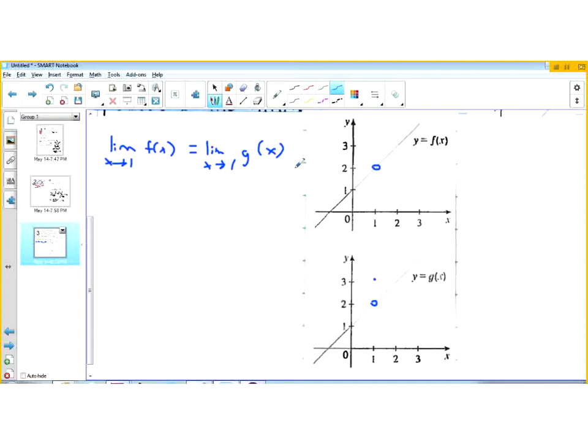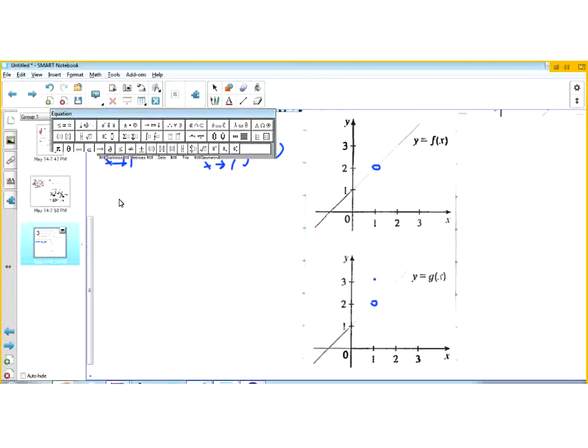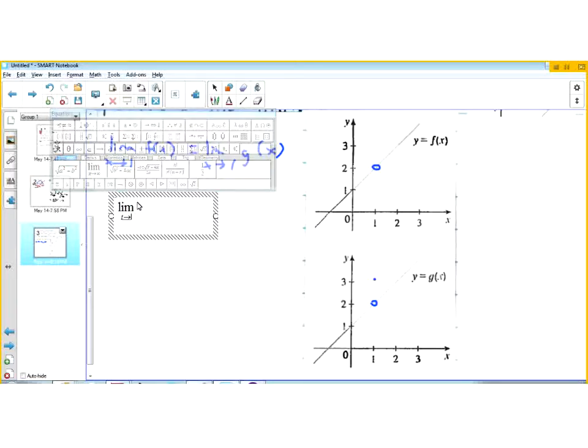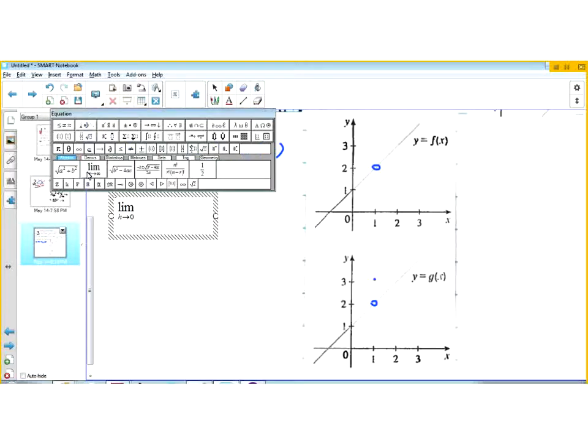So let's see here. How about we use the limit laws and do a couple of examples. All right. So how about the limit as h approaches 0 of this function.